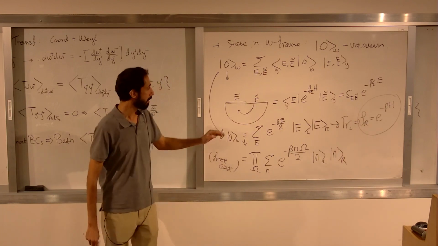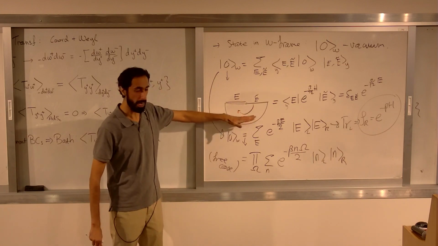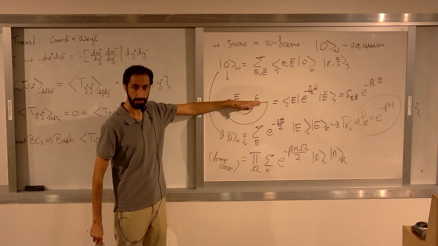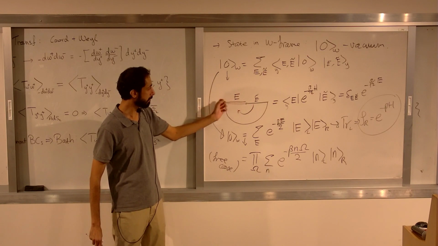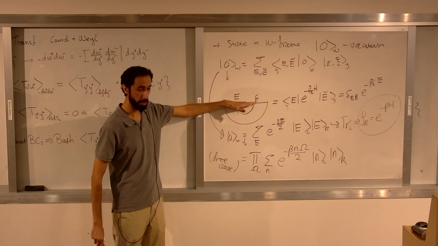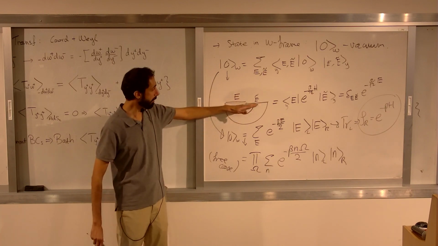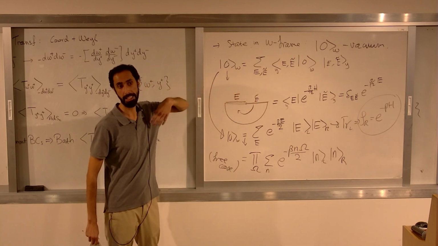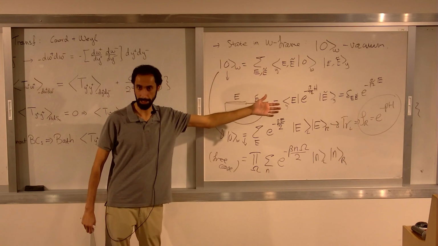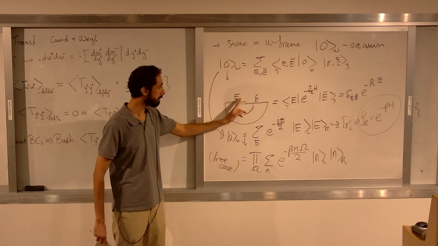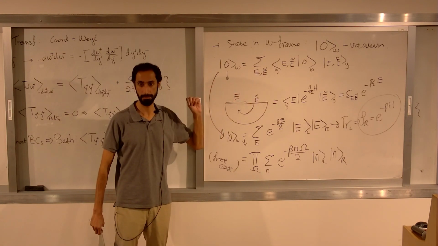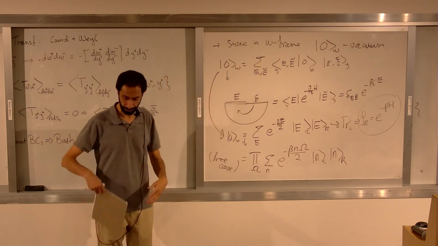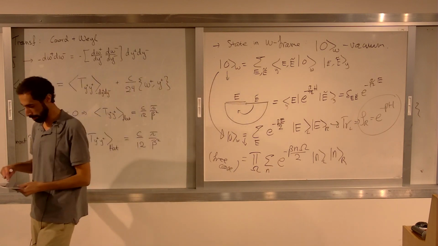So you can think of this as either I'm preparing a state on this slice, which is some state on the product Hilbert space, or you can think of it as an evolution from this half to that half. This other way of thinking about it buys you something. It tells you that this E and E tilde have to be the same if you're projecting.